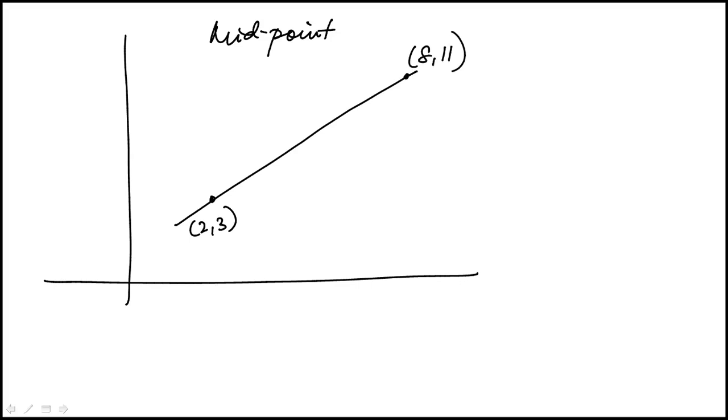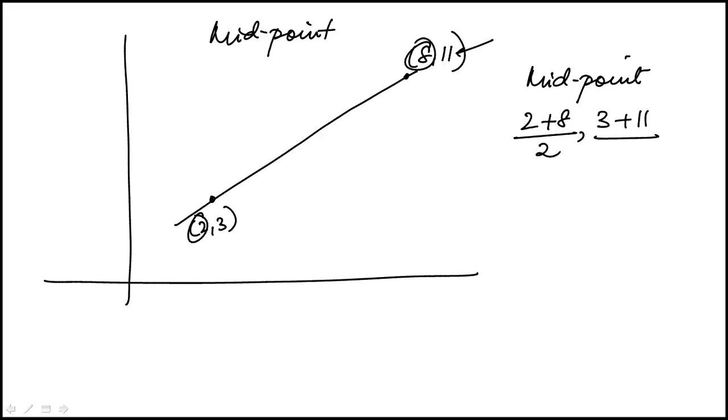To find the midpoint, first I'll just give you the expression: you take the average of the x coordinates, and that would be the x coordinate of the midpoint, and the y coordinate of the midpoint would be just the average of the two y coordinates. So 3 plus 11 over 2. So this would be 10 over 2, which is 5, and then 14 over 2 is 7. So the midpoint here is 5, 7.